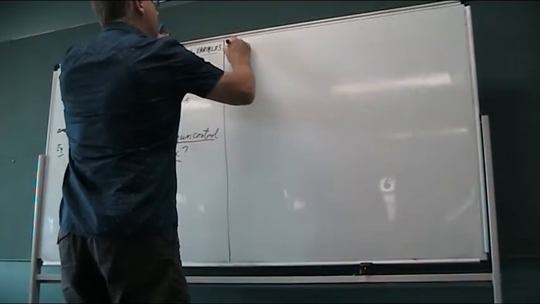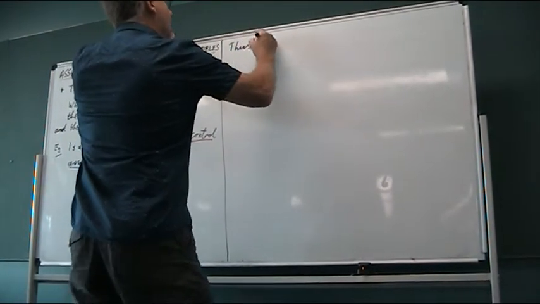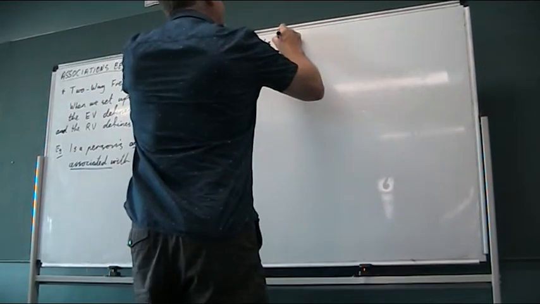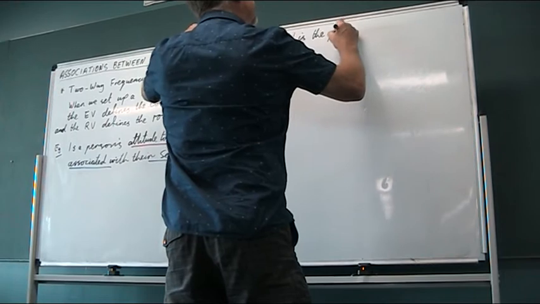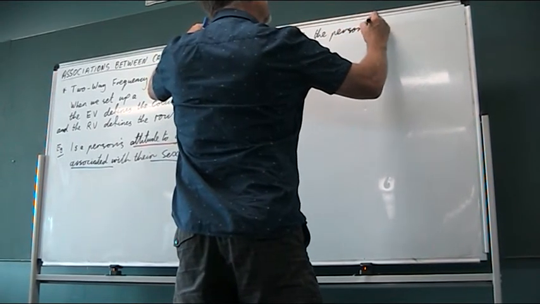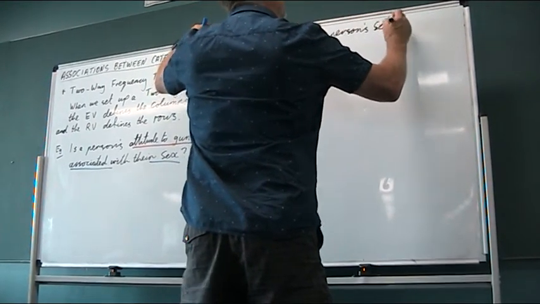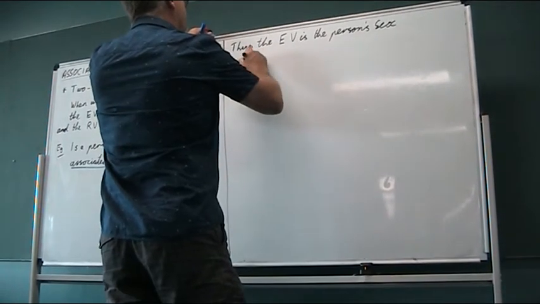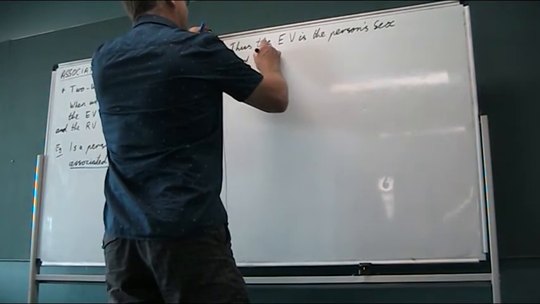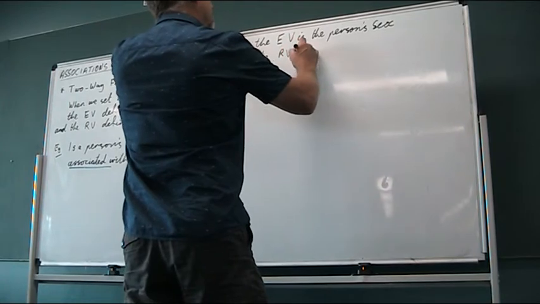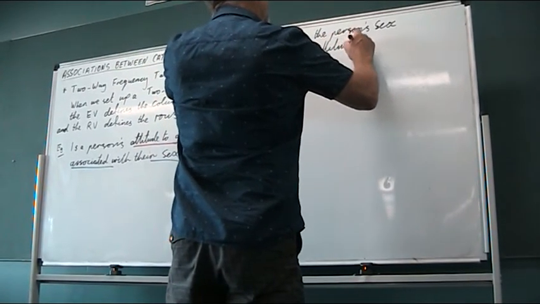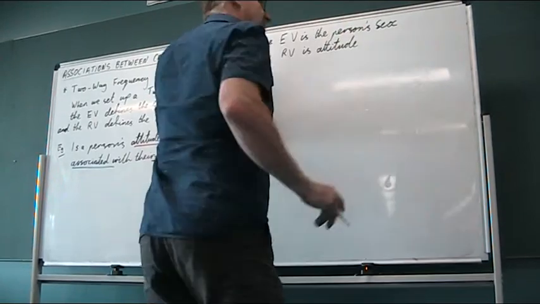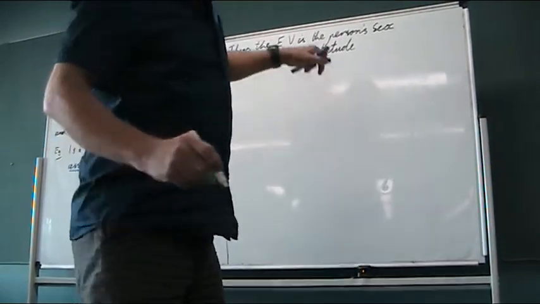The EV is the person's sex, and the RV is attitude, what they think. I don't know whether attitude is the best word to use, but it's the only one I could think of at the time.